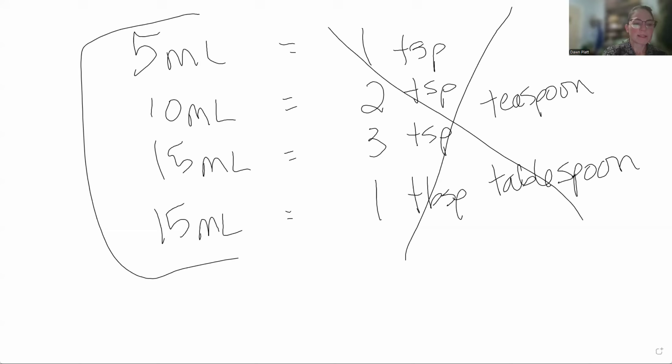I'm going to erase this because the next one I'm going to do has to do with temperature. So when you convert, there is a calculation that you need to convert Fahrenheit to Celsius and Celsius to Fahrenheit, but I don't need you to do that conversion.